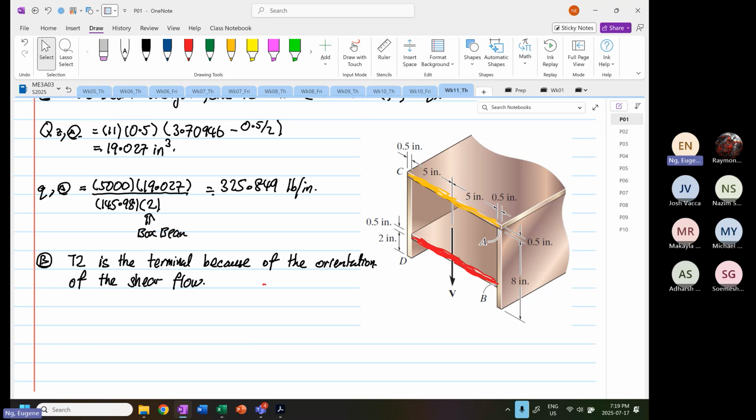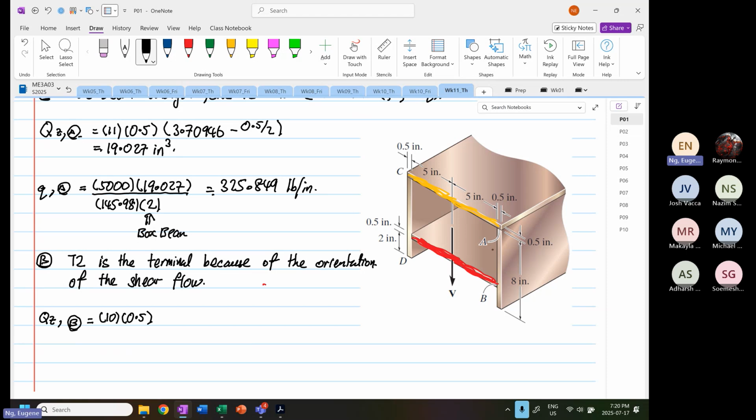Now at point B, we want to find the Q_z of point B. Our width is 5 and 5, which is 10, and our depth is equal to 0.5. Now, y bar is where we have to be careful.